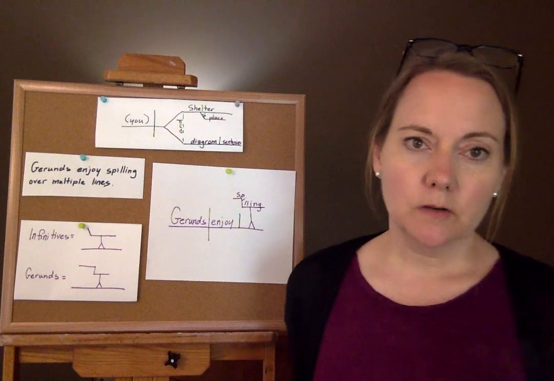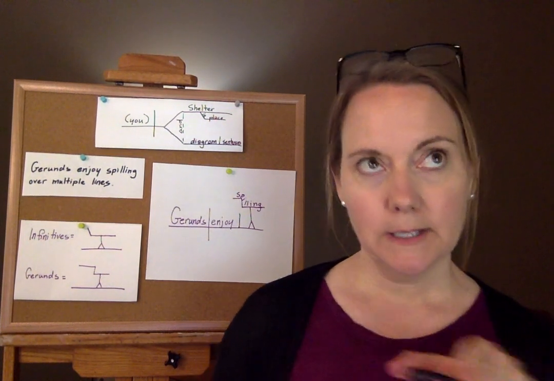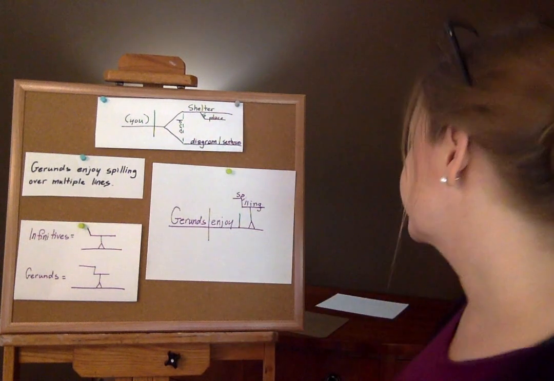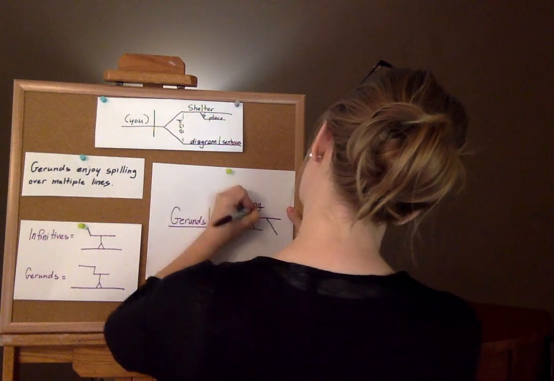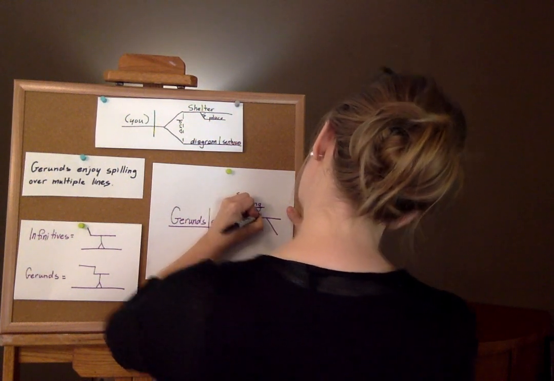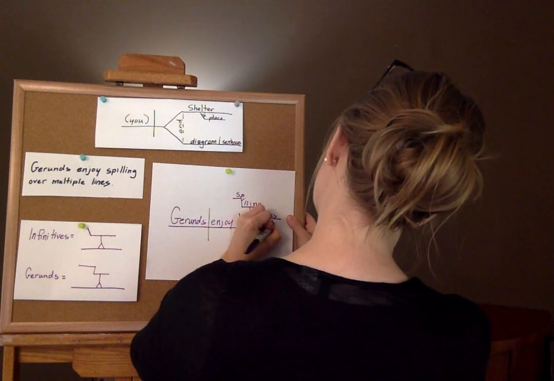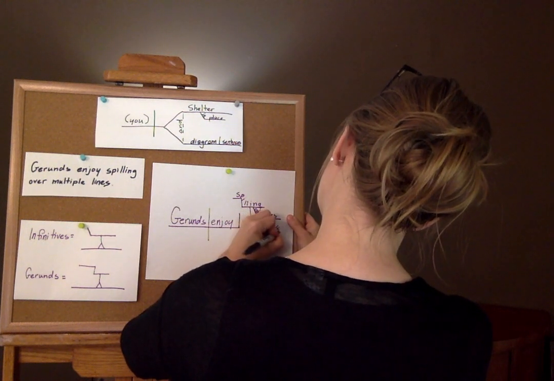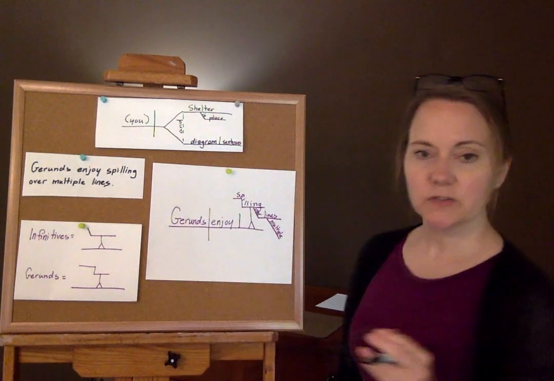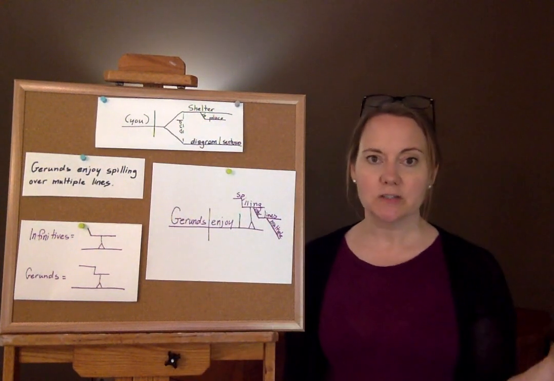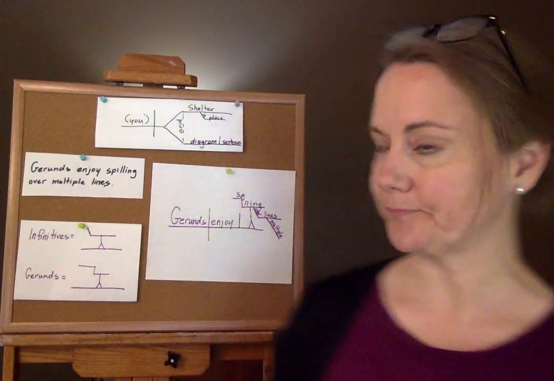And then over multiple lines is a preposition: over, lines, multiple. And so there's your sentence with a gerund serving as the direct object of the predicate.